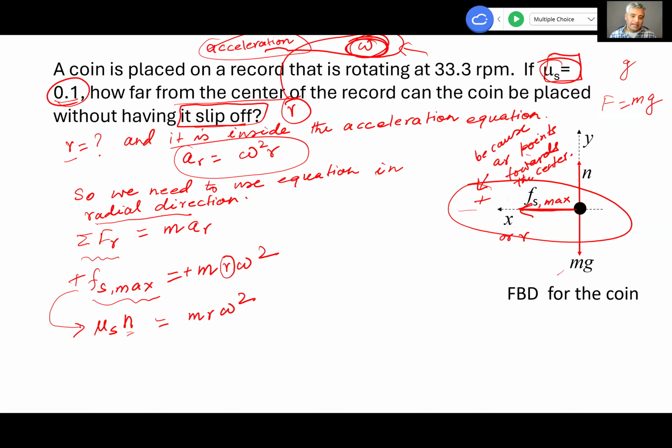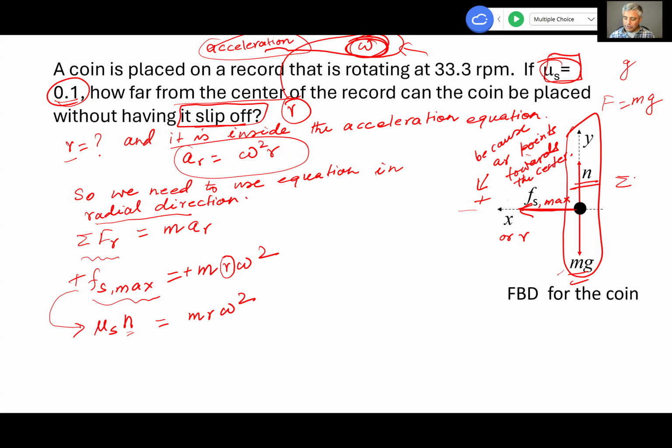Whenever I need a force, I look at the free body diagram. In this case, the normal force is in the vertical direction, so I need to look at the free body diagram in the vertical direction. There are two forces acting in that direction. So N is balancing the mg.